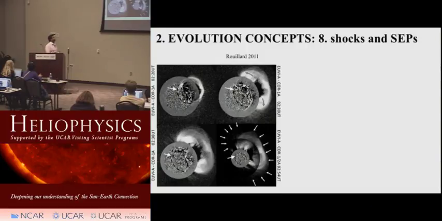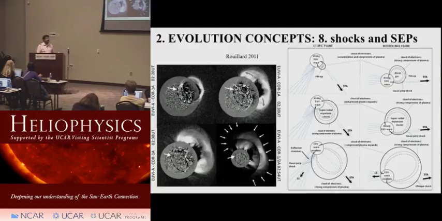That's always been debated for a while, and it will continue to be debated. Both scenarios occur in different situations. But can we prove certain events are coming from shocks? And that really can only be done in 3D.